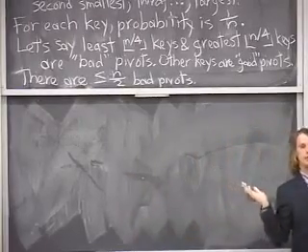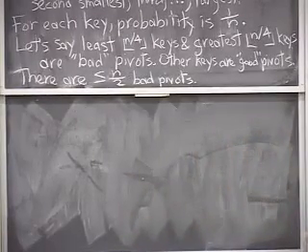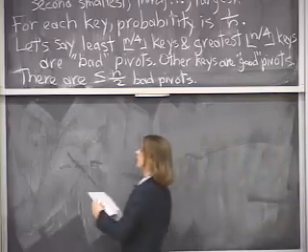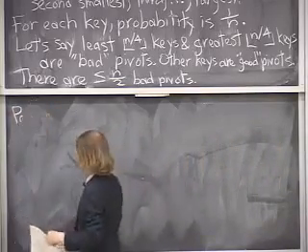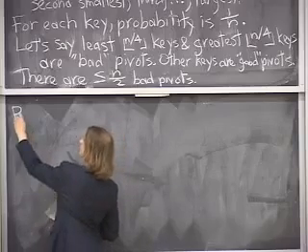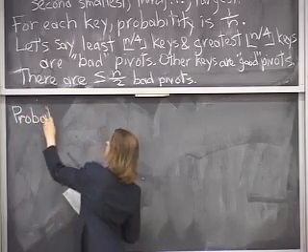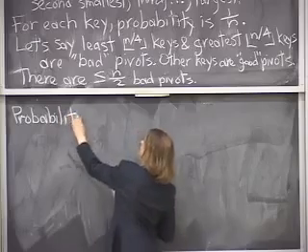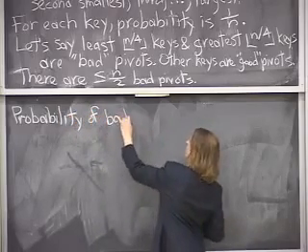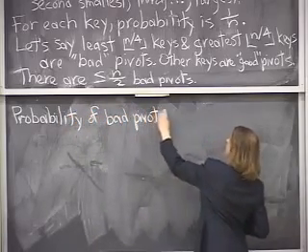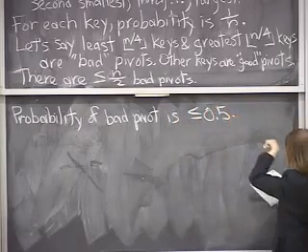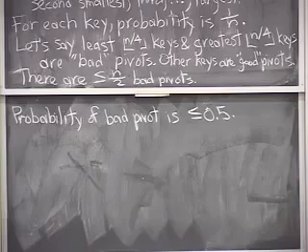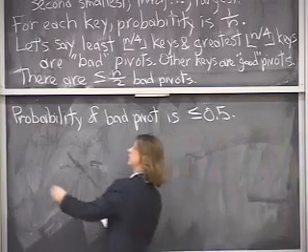Another way of saying that is that the probability of choosing a bad pivot is at most 1/2. All right, so what happens if we choose a good pivot?